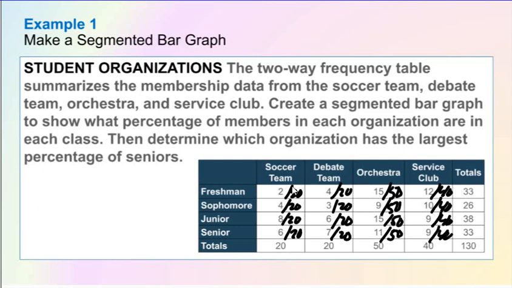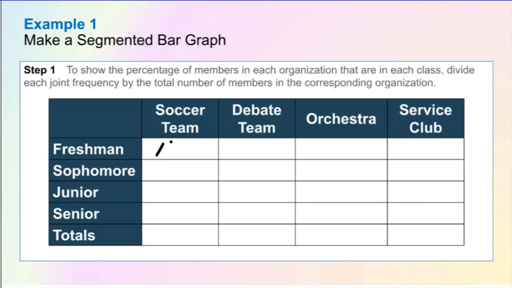And you can see the totals on that side there. So 2 divided by 20 will give us 10%. So we could say 10% of the soccer team was freshmen. Sophomores was 20%. Juniors, 40%. Seniors, 30%. That would give us a total of 100% of the soccer team.